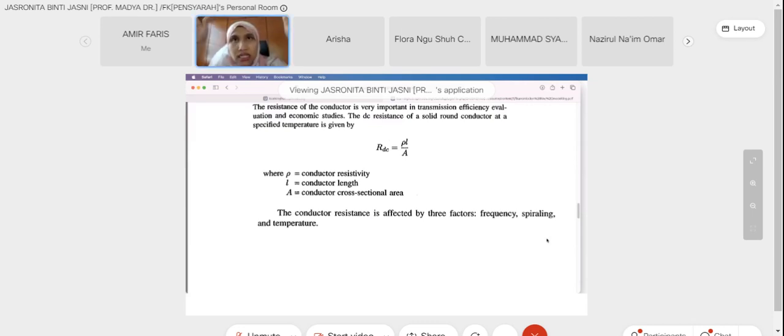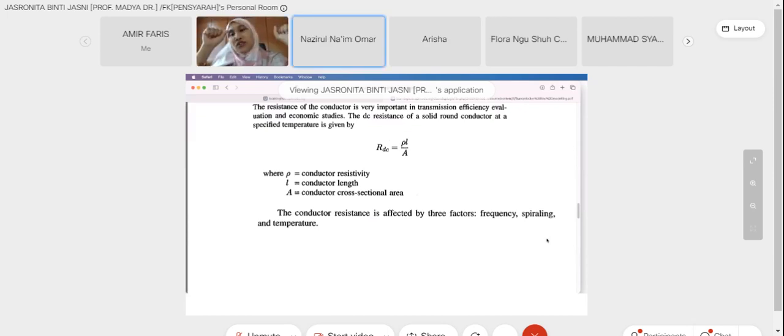Okay. And then suddenly, what happened in the middle of the cable? Maybe it will spiral, right? Something happened at the cable, an undesired condition.